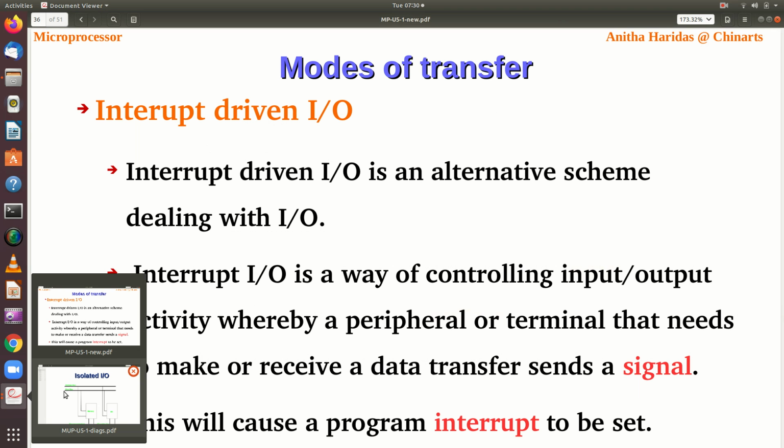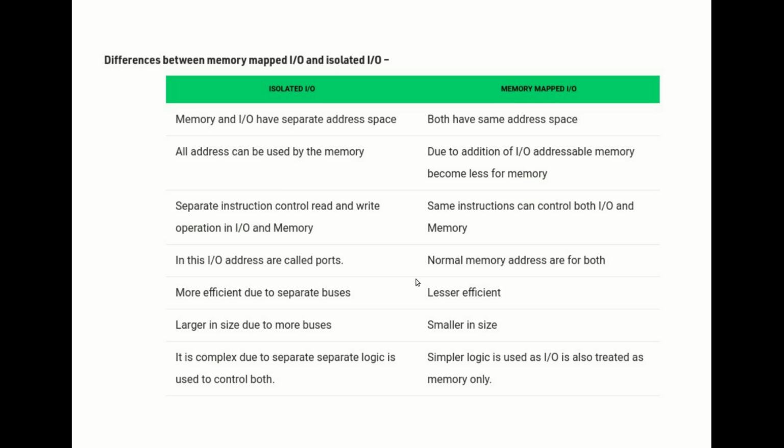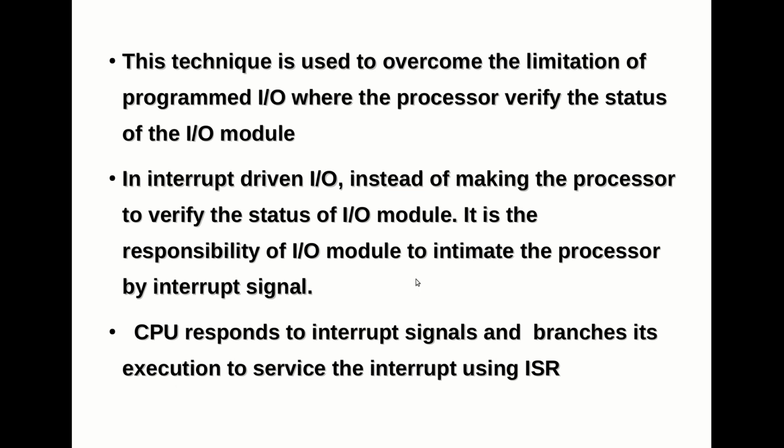So when you take the interrupt initiated input-output or interrupt driven input-output, this technique is used to overcome the limitation of programmed input-output, because in the programmed input-output, the processor has to verify the status of the input-output module.